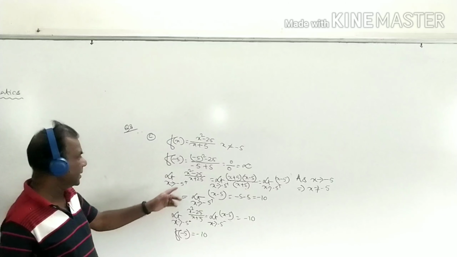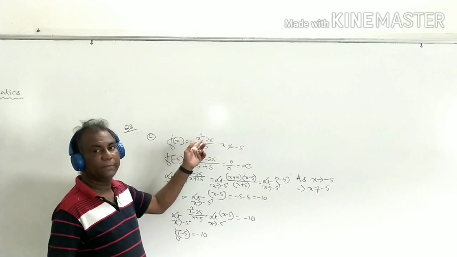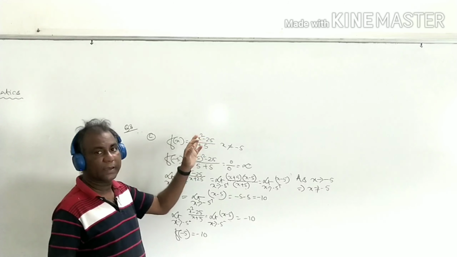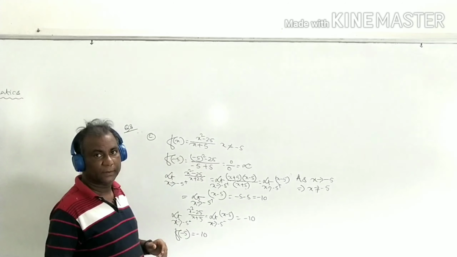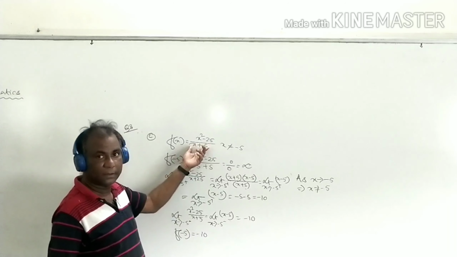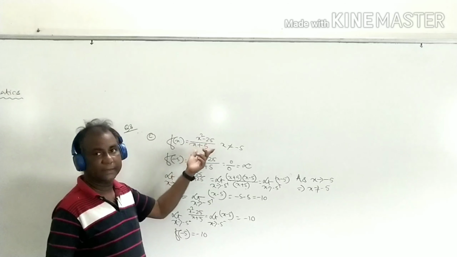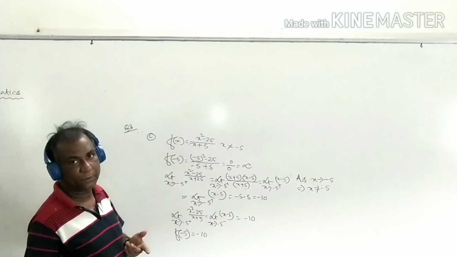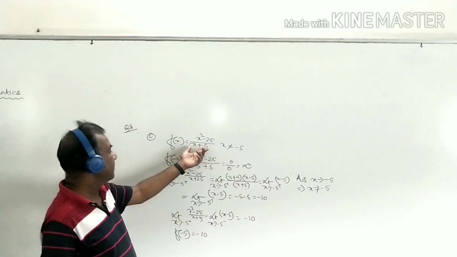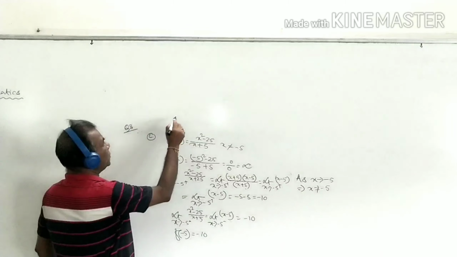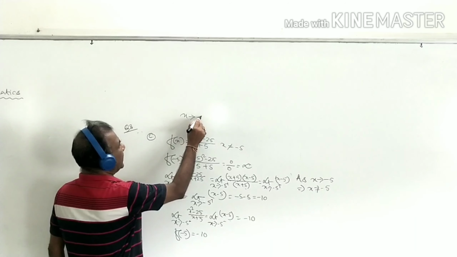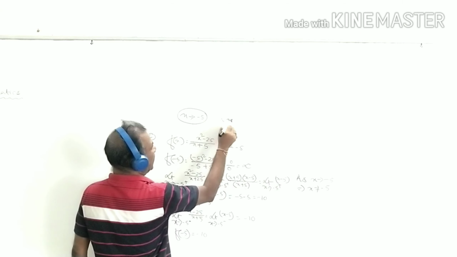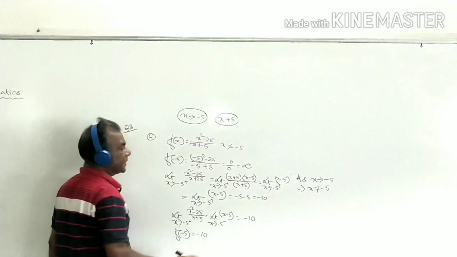Remember, in case of a rational function, if there is a chance to cancel the factor which is in the denominator, you have to cancel that. During solving problems of continuity, as I have told you, x tends to minus 5, this factor x plus 5 will be a critical factor.